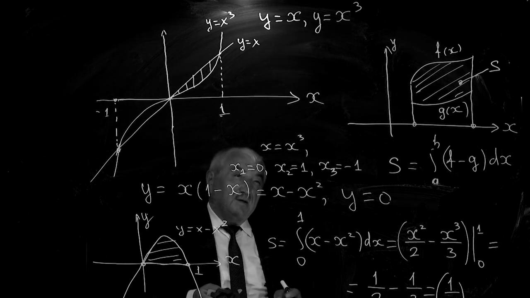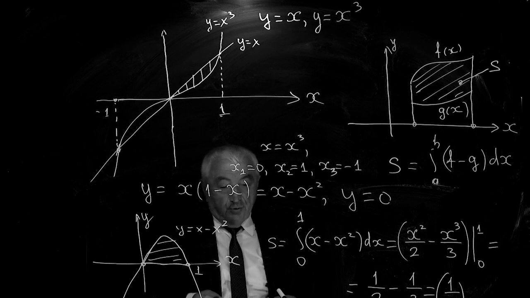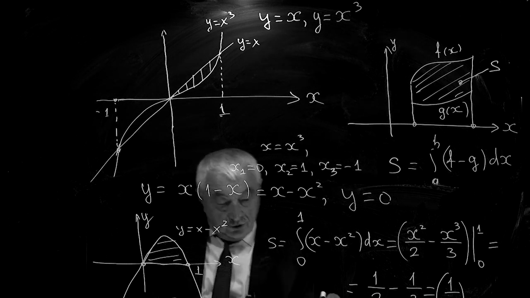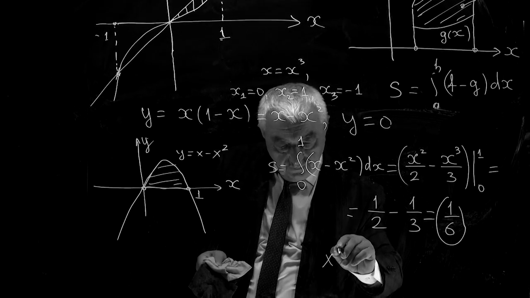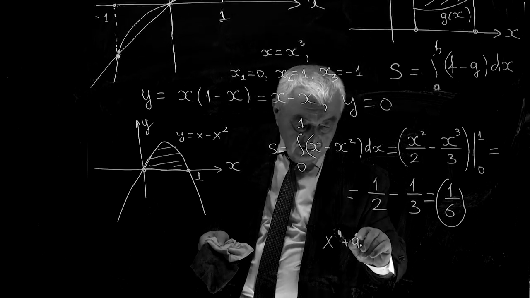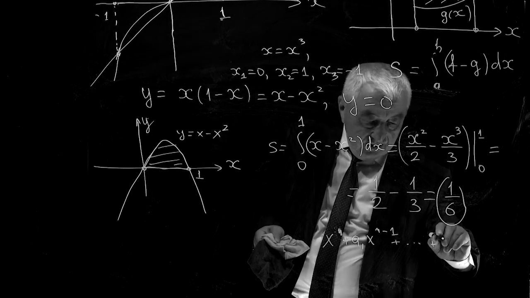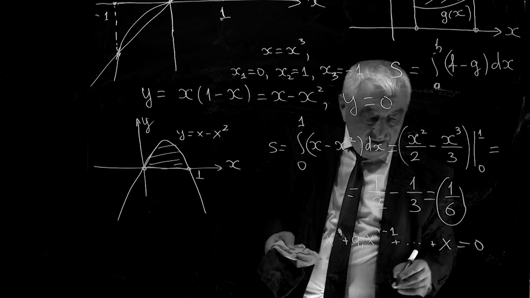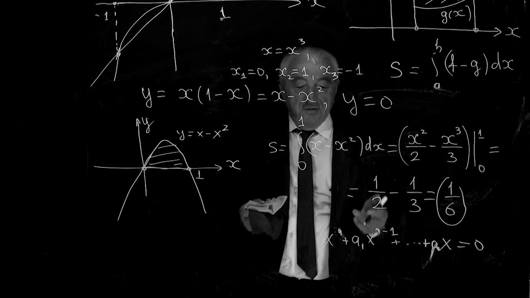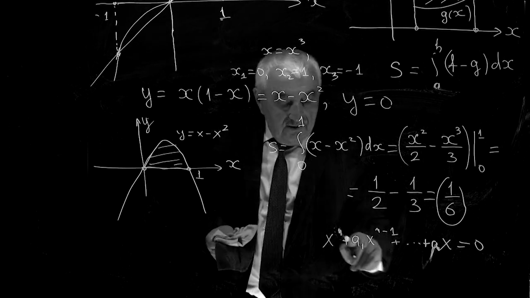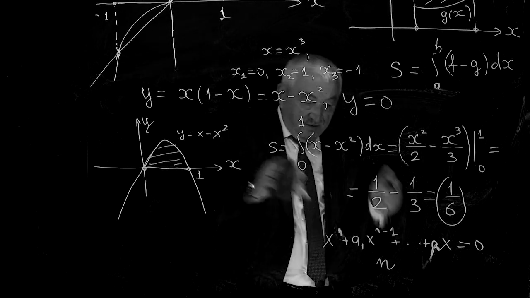It is interesting to note that according to the main theorem of algebra, about the solution of expressions of the type x to the power n plus a1 x to the power n minus 1 plus and so on equals 0, the general equation of such type has n roots, in general complex roots or real roots.